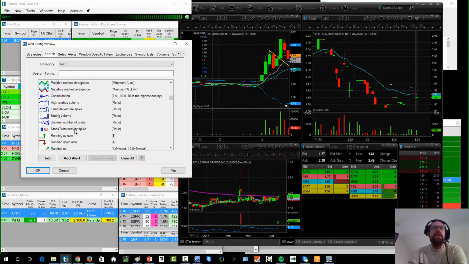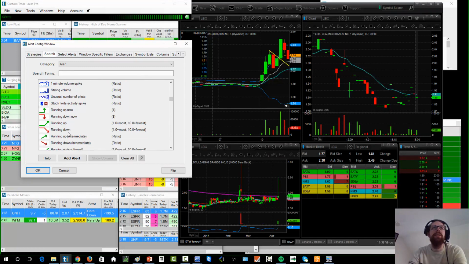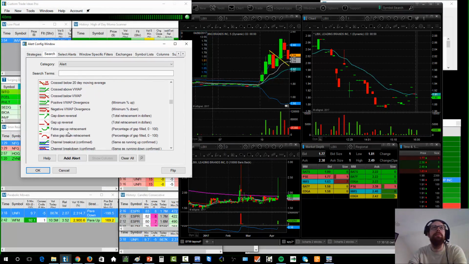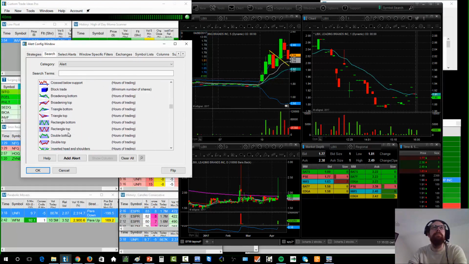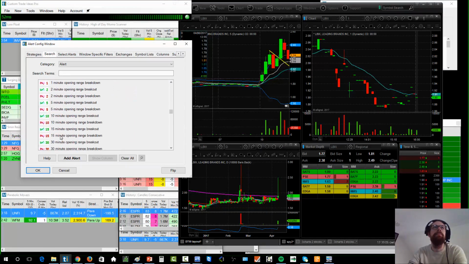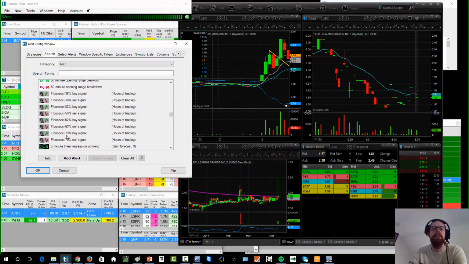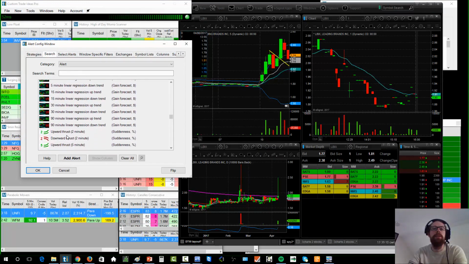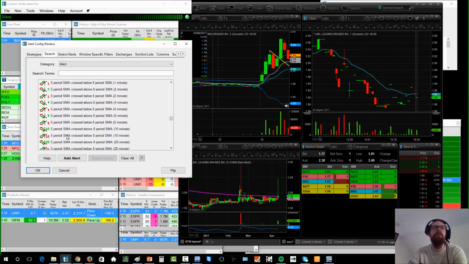Market divergence, that's not going to help me. Running up, running down, that's not going to help me. These are some of the patterns, but these aren't going to help me. Opening range breakout isn't going to help me. Cheryl says a three bar pullback from previous high.